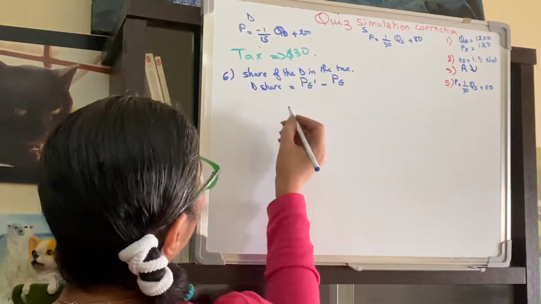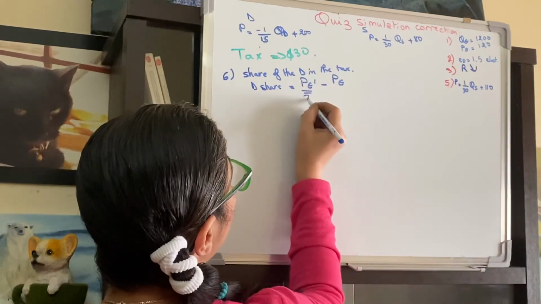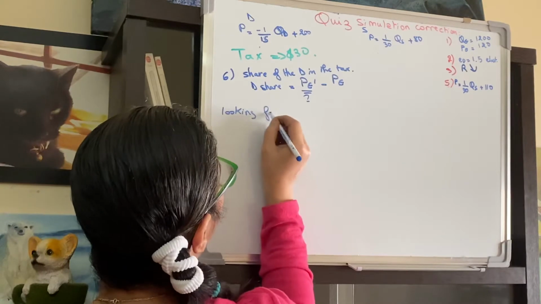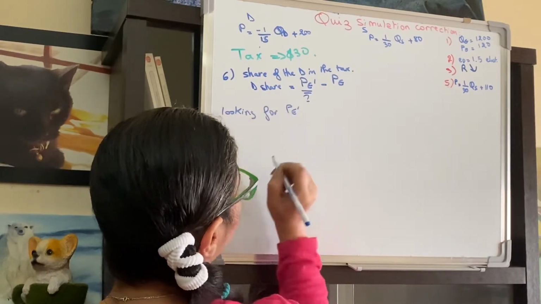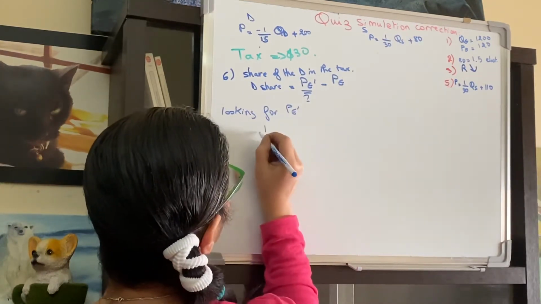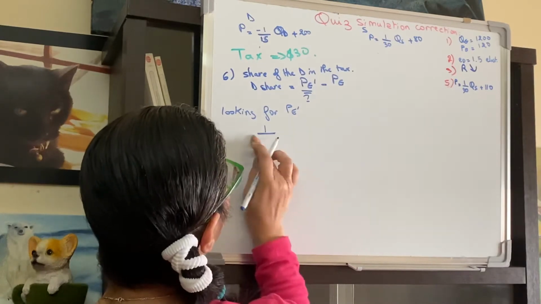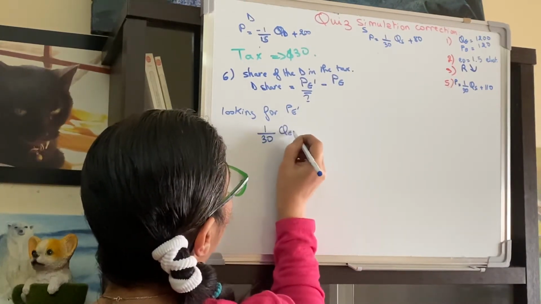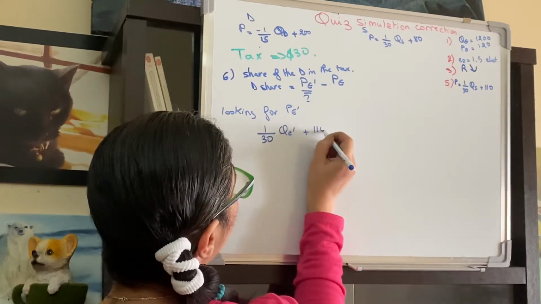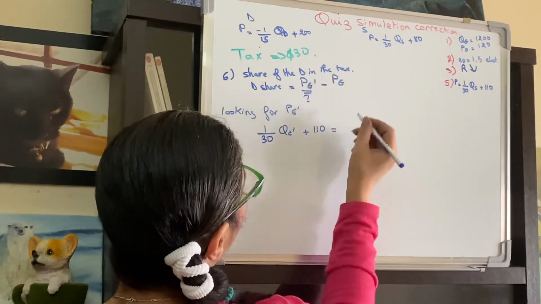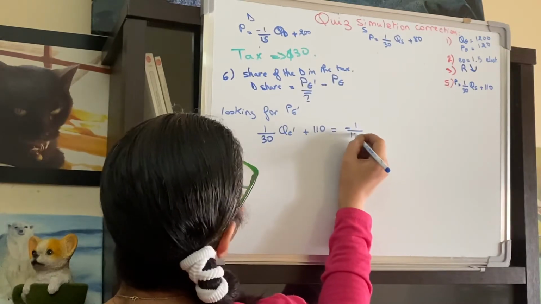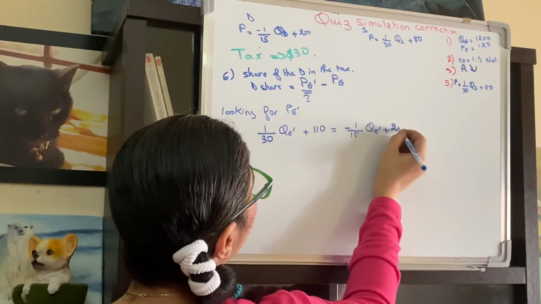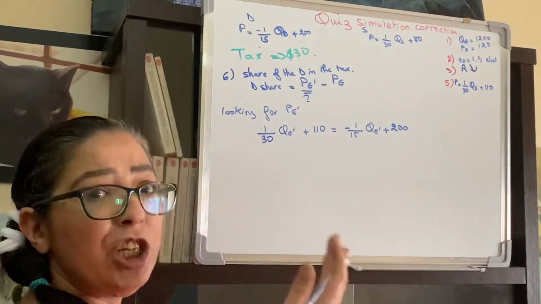Let's do it. So I'm looking for PE prime. I'm going to put the new equation. 1 over 30 QE prime plus 110 is equal to minus 1 over 15 QE prime plus 200. Looking for the intersection again.